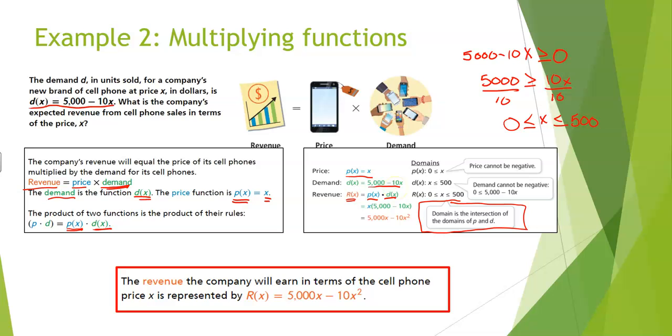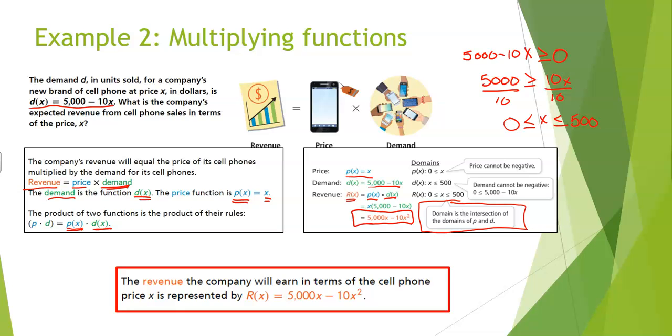Okay, let's take a look and see what that means. So can you see the steps here that we did? Instead of P, we put in X, because that's the same thing. And instead of D of X, we put in 5,000 minus 10X. We multiplied it out, and we've got this function right here.